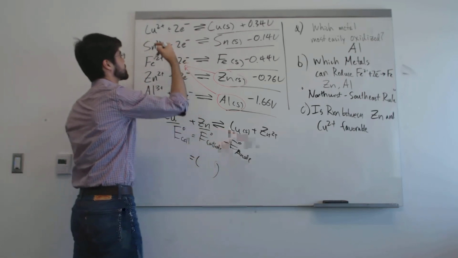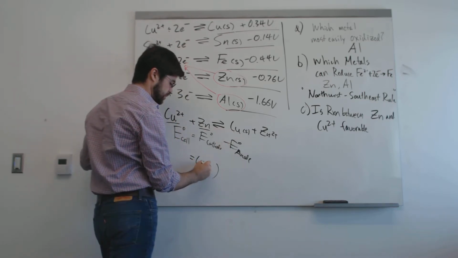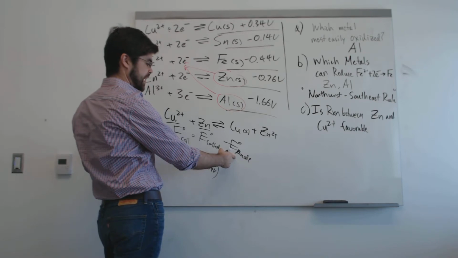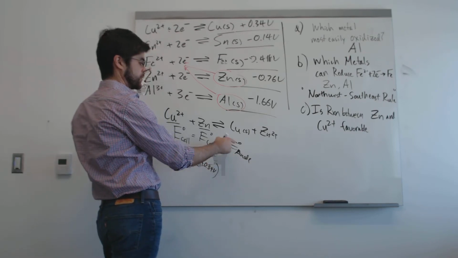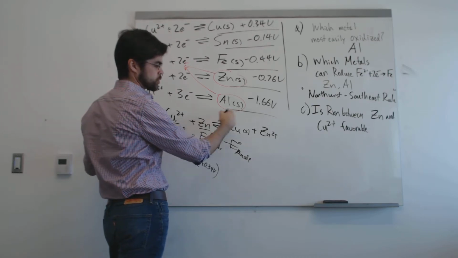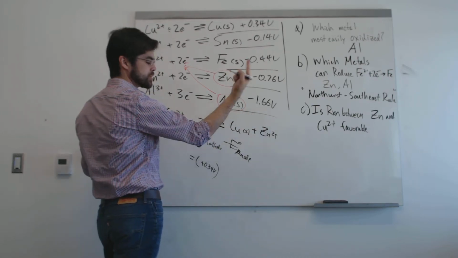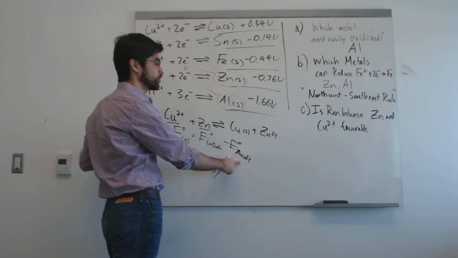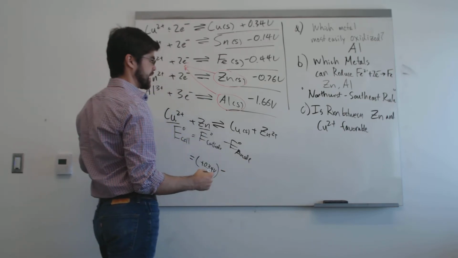So for copper here, that's going to be plus 0.34 volts. And then the anode necessarily is going to be zinc, because zinc is going from zinc neutral to zinc 2 plus, so it's losing electrons, hence it's undergoing oxidation, hence it would be labeled as the anode.